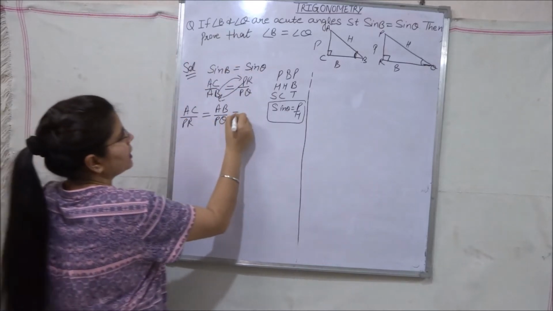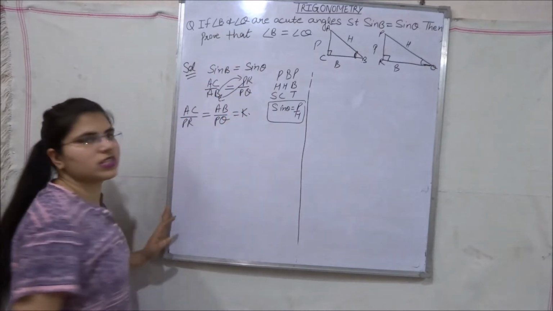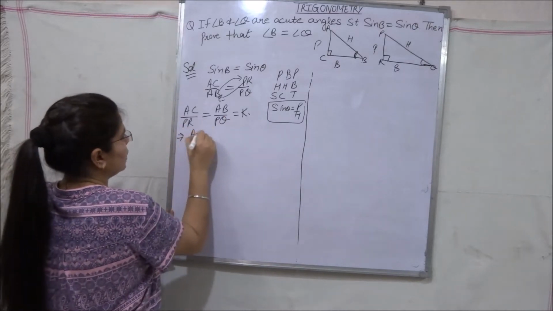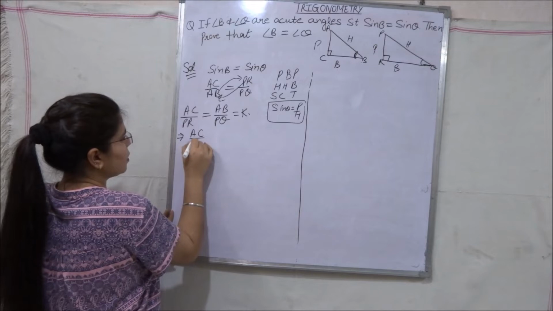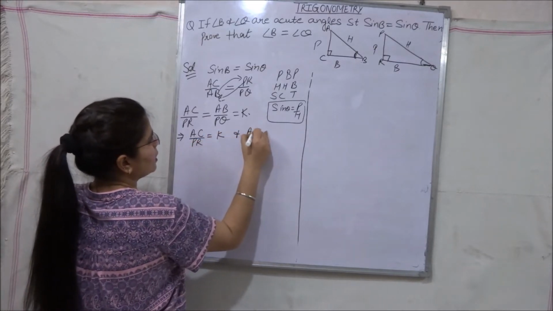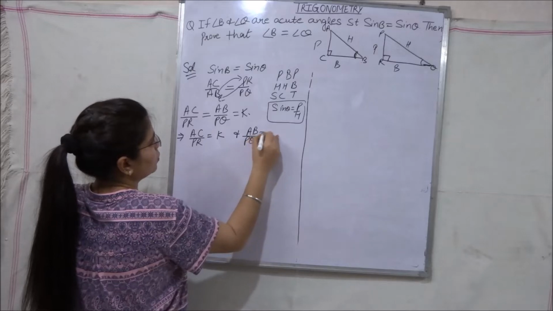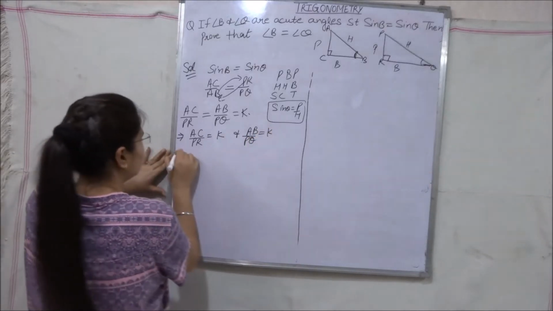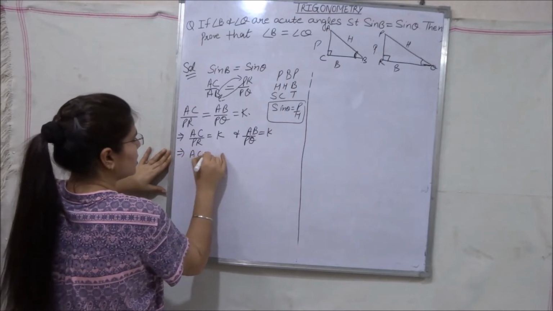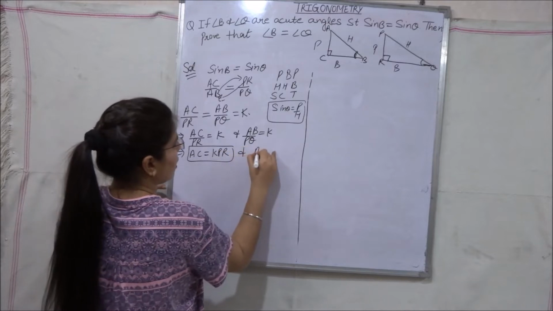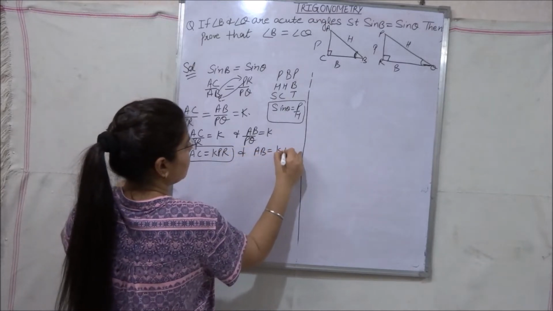So let it be equal to some constant K. By equating individually, each of the fractions AC/PR equals K and AB/PQ is also equal to K. Now the value of AC is K times PR and the value of AB is K times PQ.